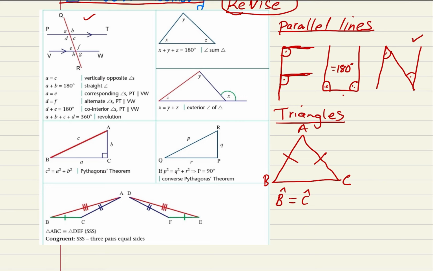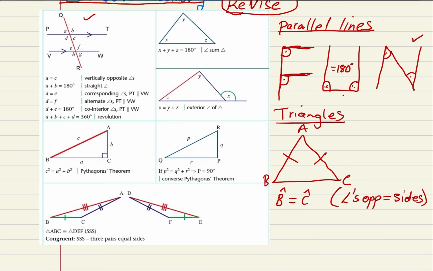I remember in primary level we call them base angles of an isosceles, but as we grow up we say these are angles that are opposite equal sides.